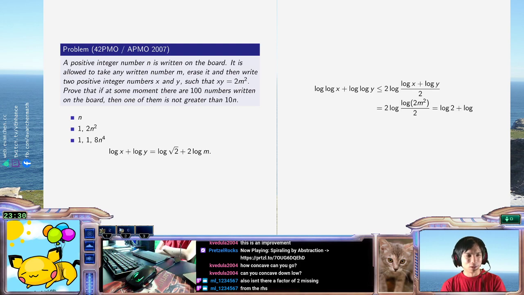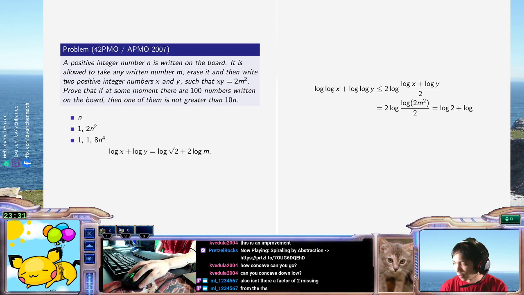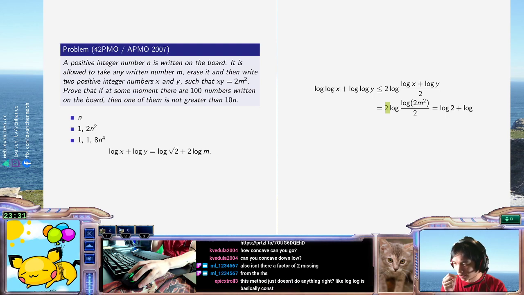This is never going to work, right? Because of this 2. Like, this approach will just never... It's never going to work because of this 2. Even if your function is super... Yeah, log log is basically constant. Sorry. So, okay, that's why it doesn't work, because there's a 2 here. Okay, I don't know what I'm doing. Let's try that again.